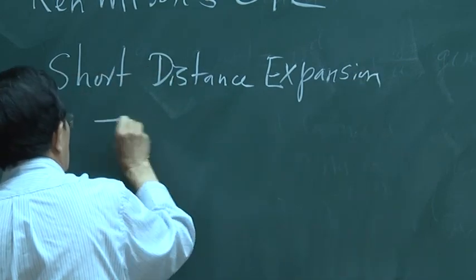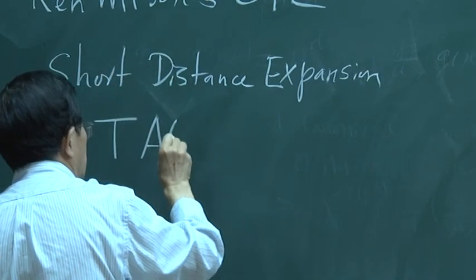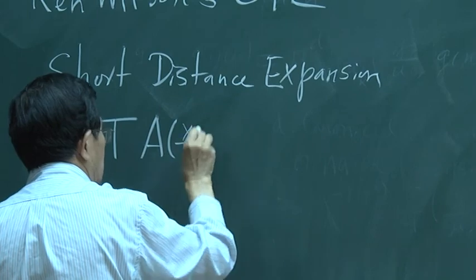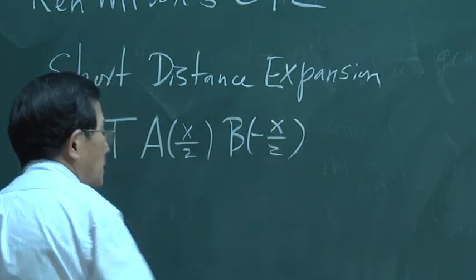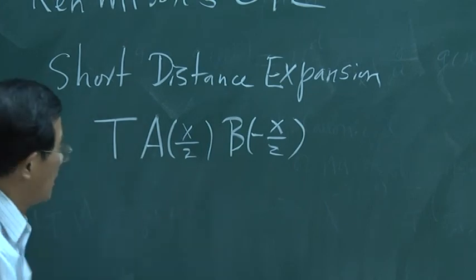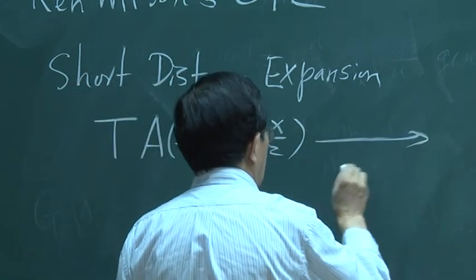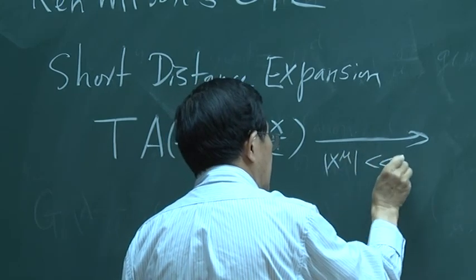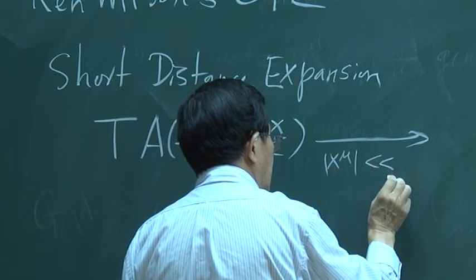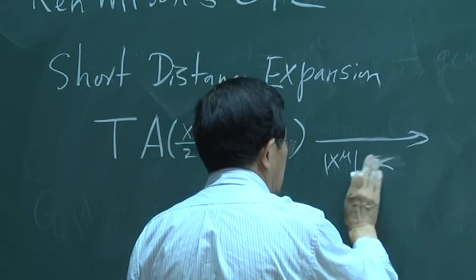So we have the operator product expansion of this, say x over 2, b minus x over 2. So x is, now each component is very small, some near 0.